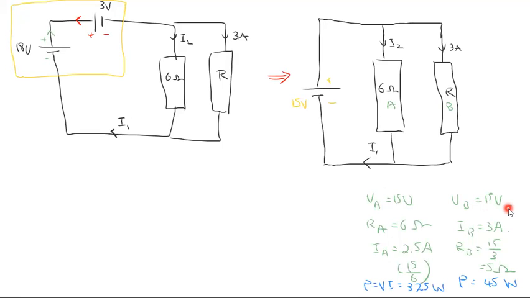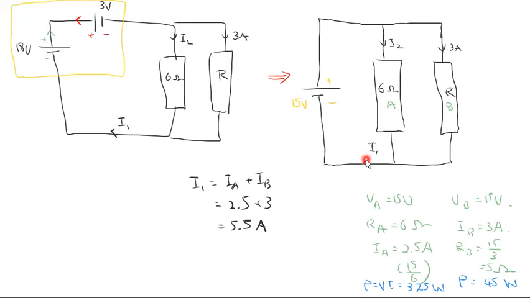Okay, so we've now worked out the V, I, R, and P of A and B, right? Yeah. Now to get current 1, the easy way is just to add up the currents of A and B, which we have already worked out. So that's how to get that current.